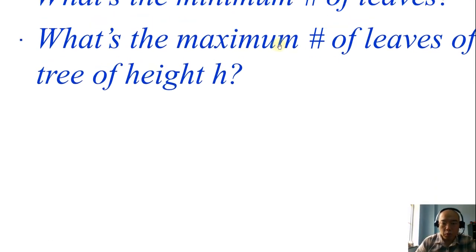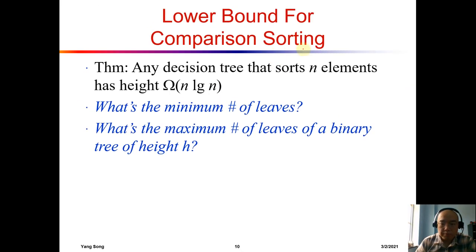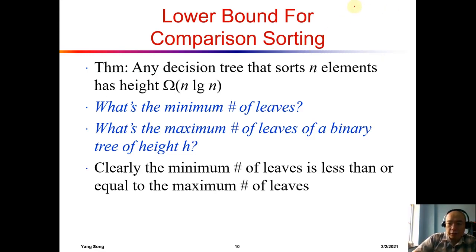So we assume that we have the height of h. So we have a tree structure, and for the height of h minus 1, we assume that there is no leaf at all. And then on the last level there are all leaves.